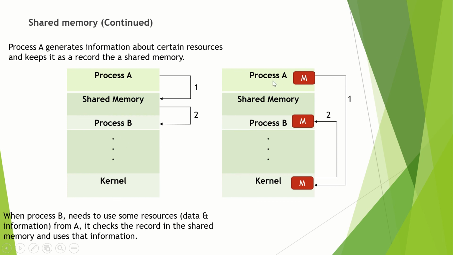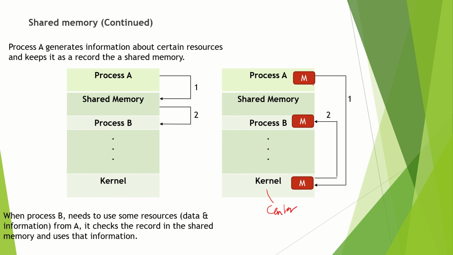If you use message passing, let's say process A will call the kernel in order to communicate with process B. The first process calls the kernel, and the kernel will call process B, so that process A and process B can communicate. So the kernel becomes the center.